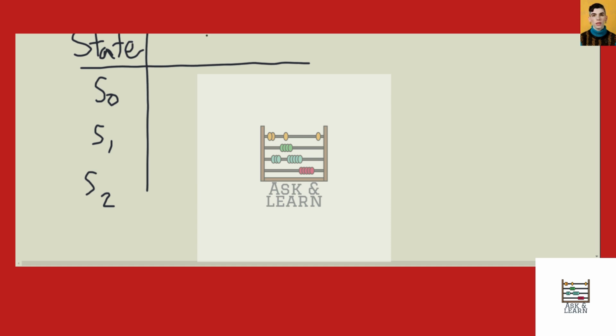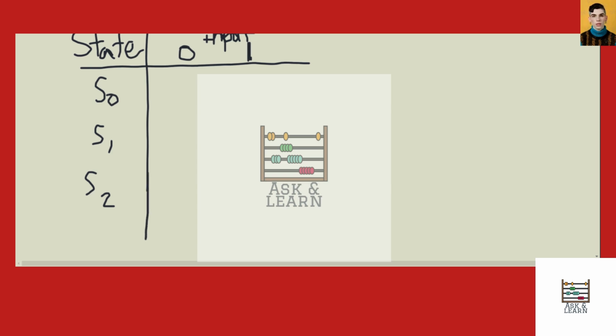Now I'm going to construct a table with two columns. One column contains the states, and the other column will contain the inputs, which can only be 0 or 1.